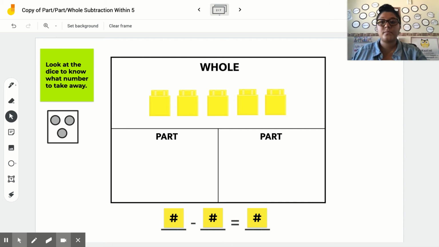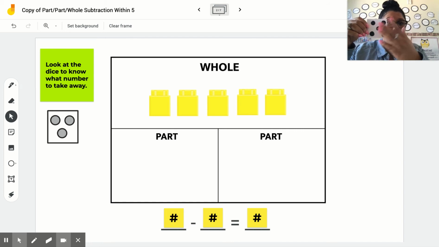I put a little sticky note here, and it says, look at the dice to know what number to take away. This right here is a dice, or a die. Actually, when it's one dice, it's called a die. It is that little cube, and we can see one side.